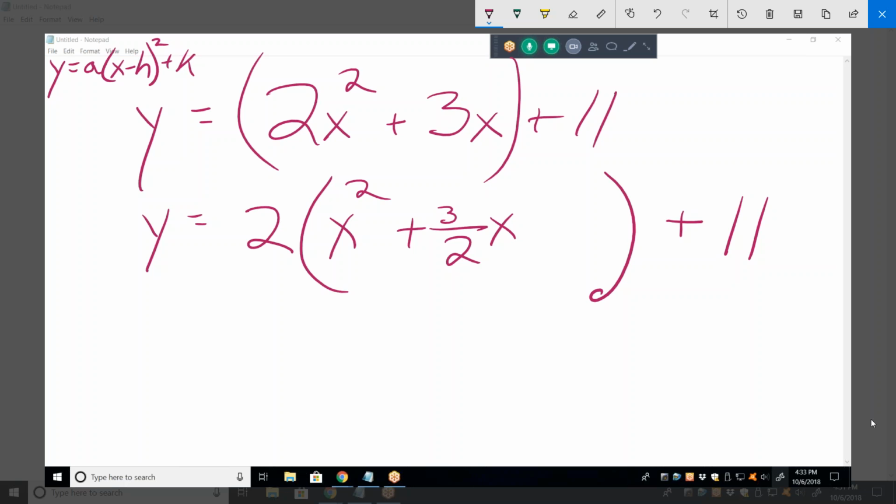No, it's exactly the same, right? Okay, now let's complete the square inside the parentheses. In other words, I'm now in a position to complete the square. I've eliminated the coefficient in front of the x squared. What's the next step?